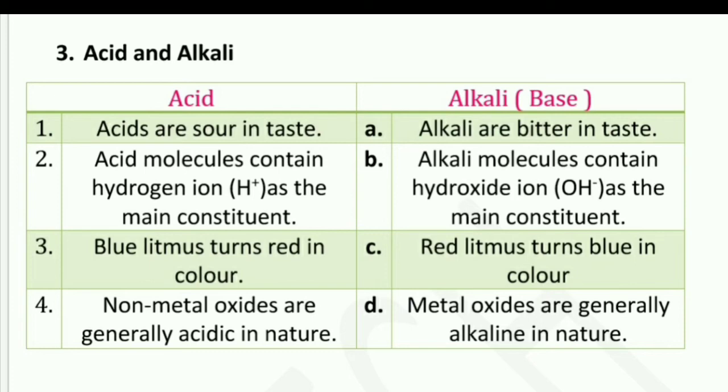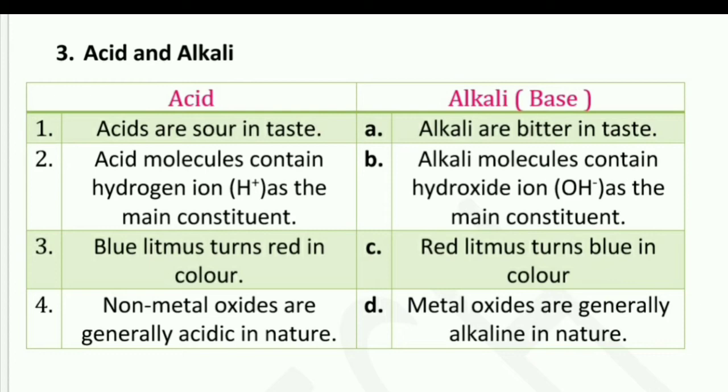Second, acid molecules contain hydrogen ion, that is H plus ions, as the main constituent. And alkali or base molecules contain hydroxide ion, that is OH minus, as the main constituent.